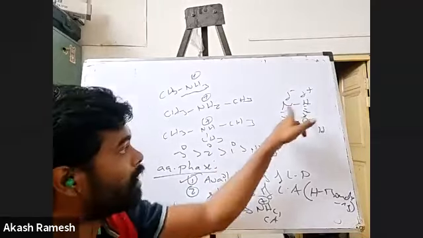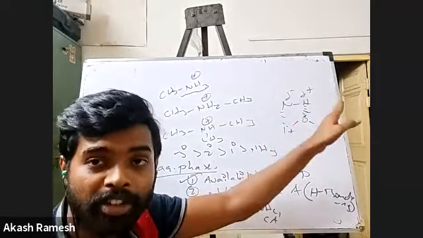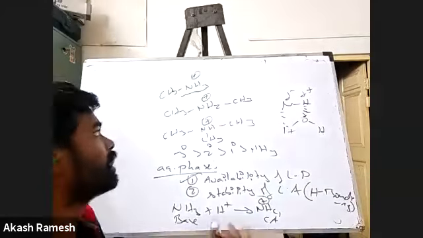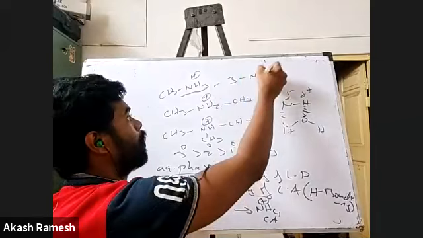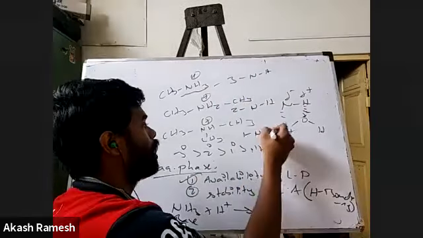Why? Because the number of hydrogens attached to the nitrogen is actually changing. You see here, there are 3 NH bonds. Here I have 2 NH bonds, and here I have only 1 NH bond.